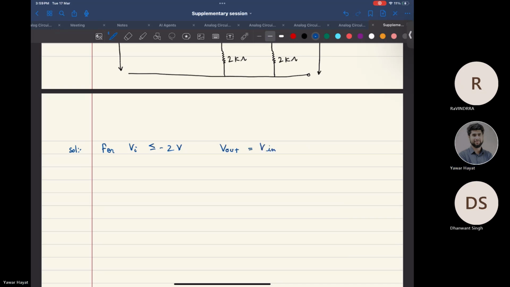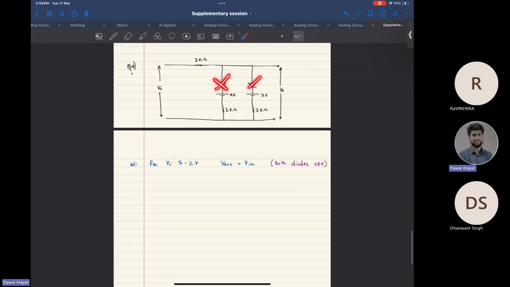Why? Because both diodes will be off. This will be off, this will be off. So there would be no current flowing, and this voltage would simply be this voltage. It hardly matters if we have a resistor here. If current is not flowing, the potentials of these two terminals are the same. So we are done with this.